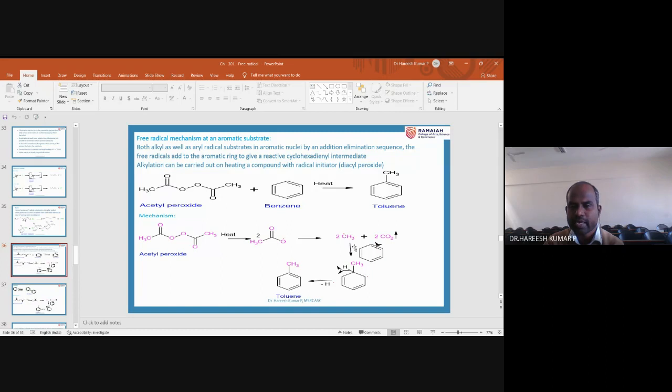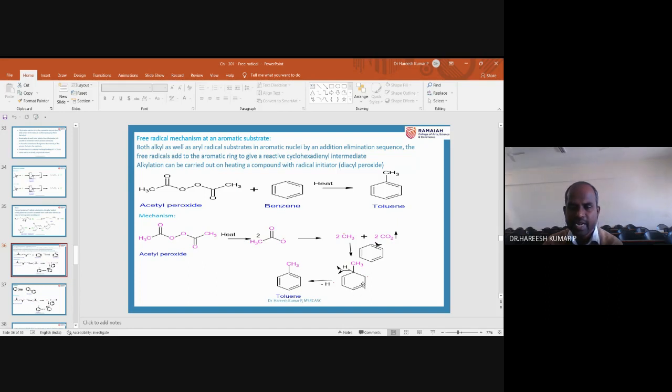This methyl radical reacts with the benzene, more particularly the pi bond undergoes homolytic cleavage and forms a bond with the methyl radical, giving rise to a benzene radical.